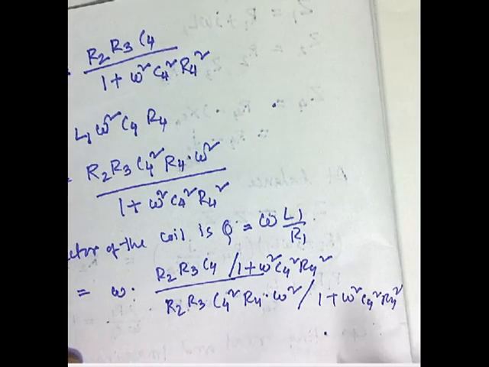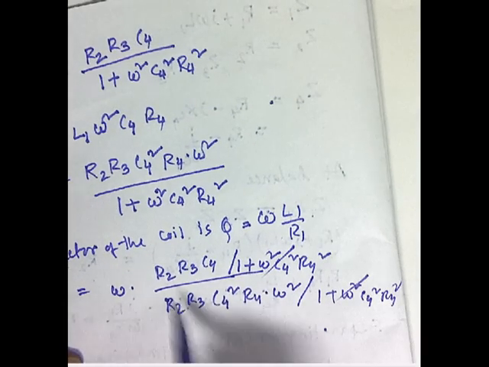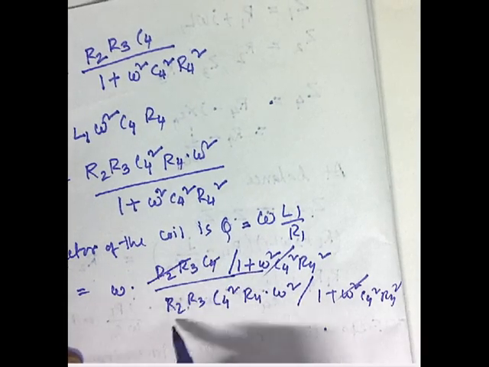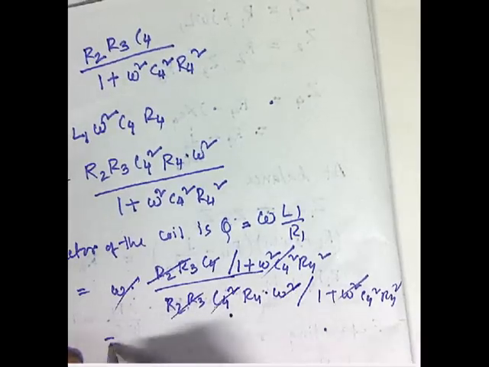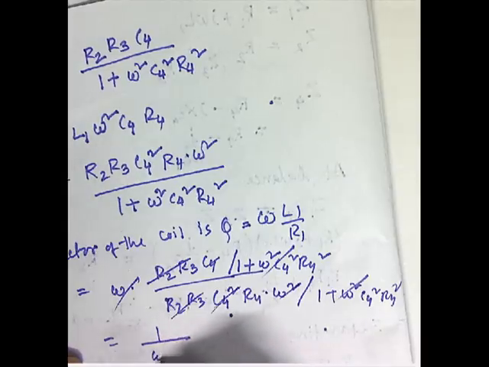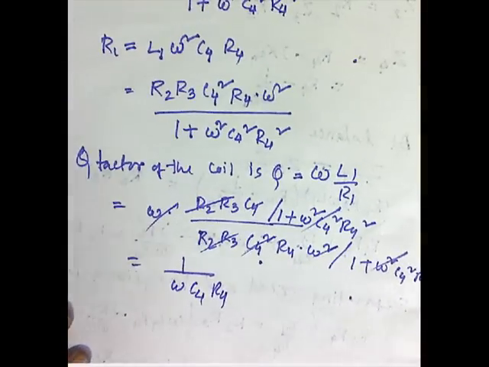Now this part is cancelled, R2 R3 C4 cancelled. What we have? C4 R4 and 1 by omega. So this is equal to 1 by omega C4 R4. So this is the Q factor.